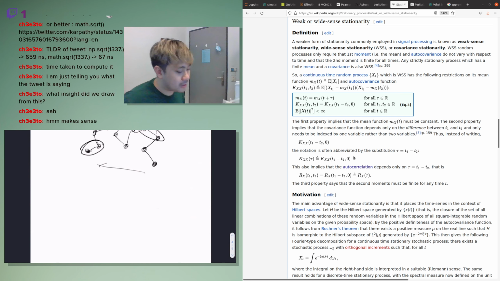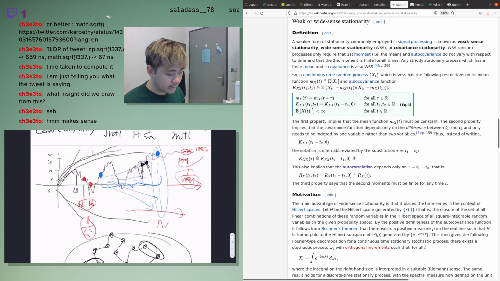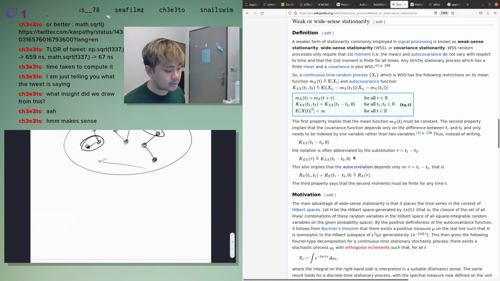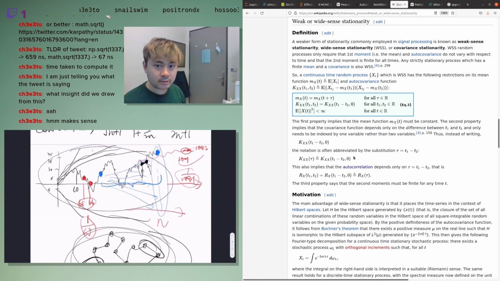Okay, now it makes much more sense, because the initial paradox that I had was that in the MCMC picture, it doesn't make sense that the autocorrelation goes up, whereas in the random walk picture, it makes sense that it goes up. So the resolution is that this is stationary, this is not stationary.